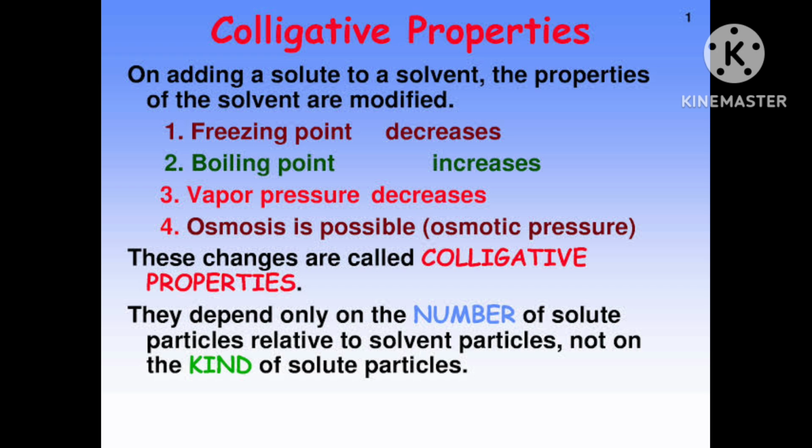P1 naught is the vapor pressure of the pure solvent, which is highest. Both are vapor pressures of the solvent only. One is of the pure solvent, the other is for the solvent in solution.